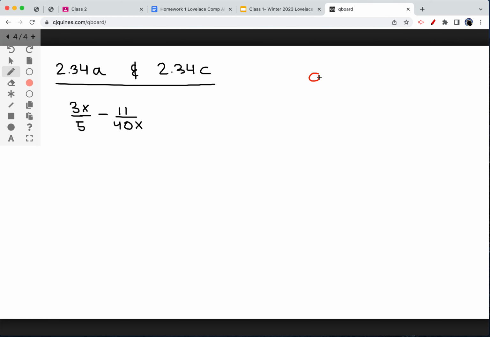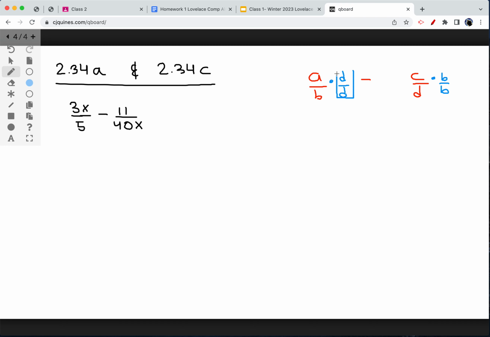If we had a over b minus c over d, and we wanted to write this with a common denominator, we'd multiply the first fraction by d over d, since this is just equal to 1, and we'd multiply the second fraction by b over b, since that's also just equal to 1.